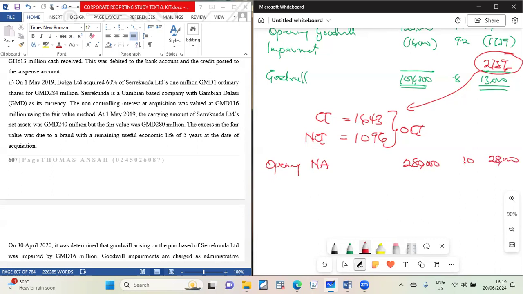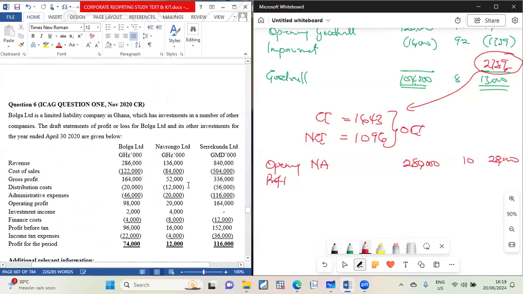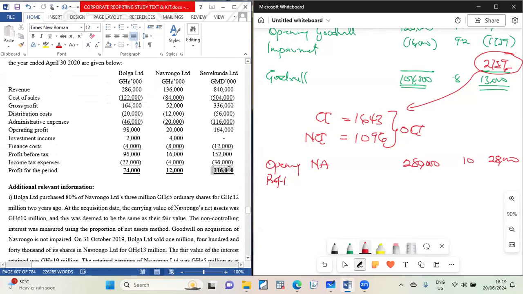What else do you bring? Profit. So we do profit for the year. Now the profit or loss for the year, how much did they get? They had 116 profits. But don't forget that the 116, it is these same people who own the brand, which we had to deduct from.